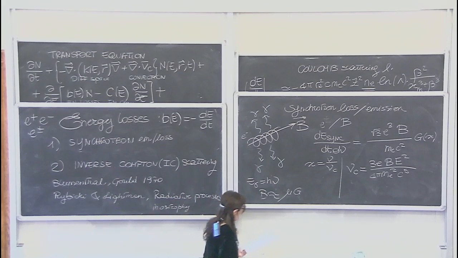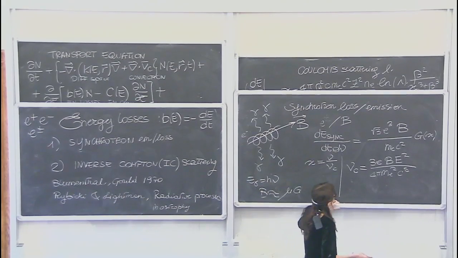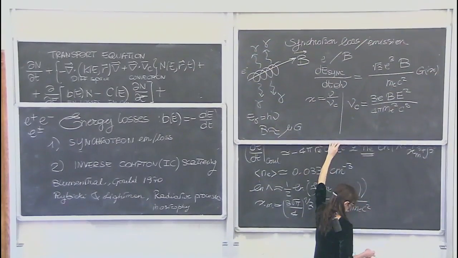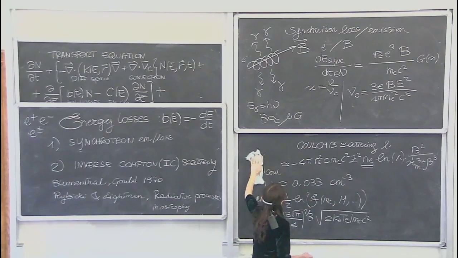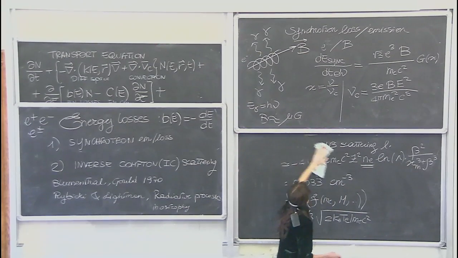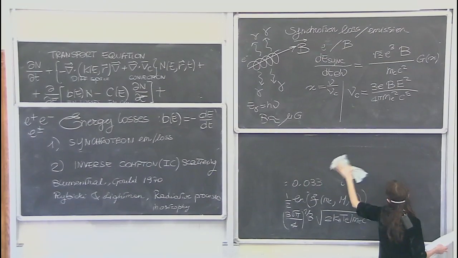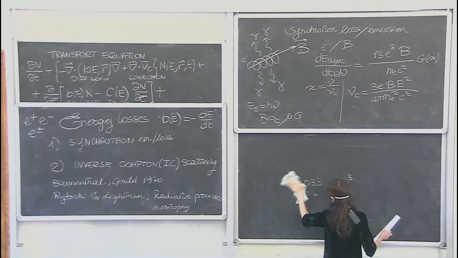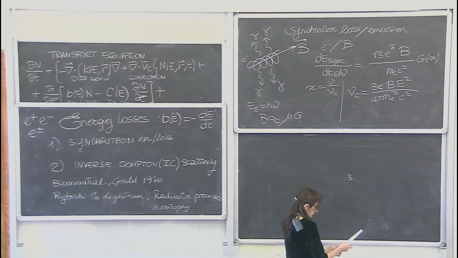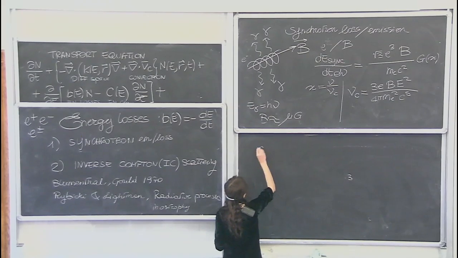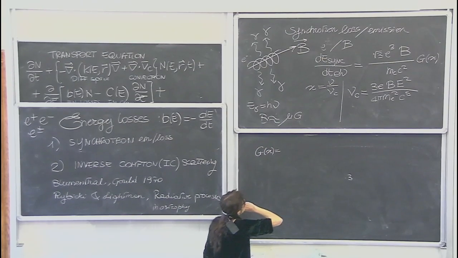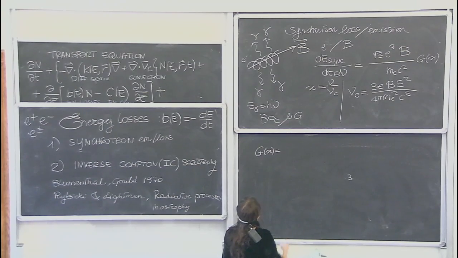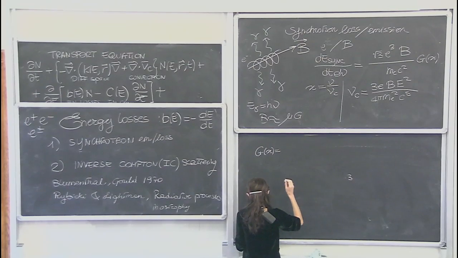We will derive it in a while. Yes, I had in fact my notes on that. So G of x is a function that one derives when doing the computation for the elementary process.